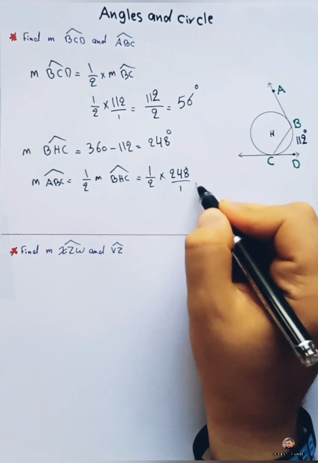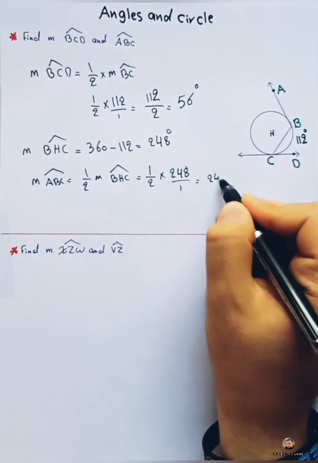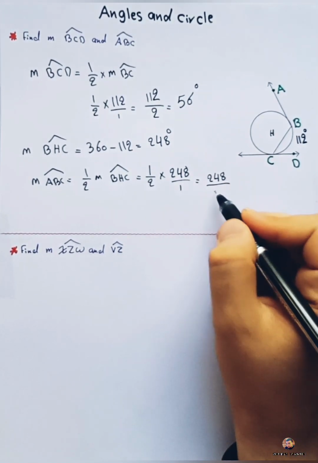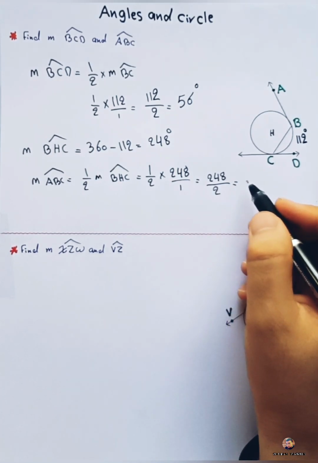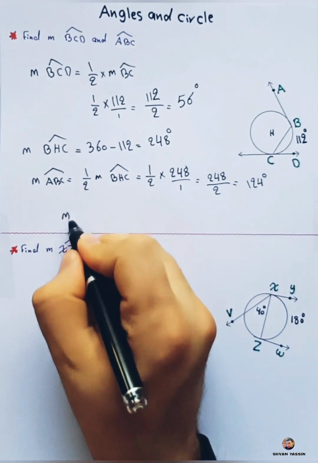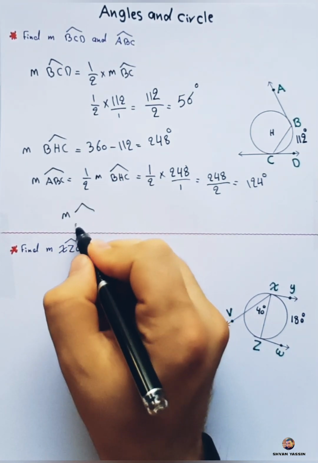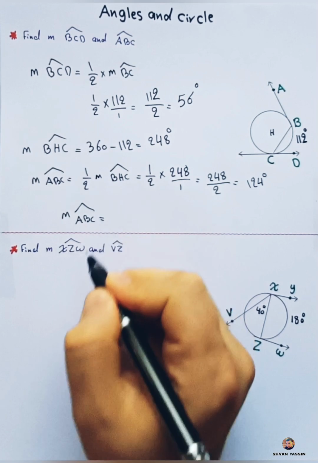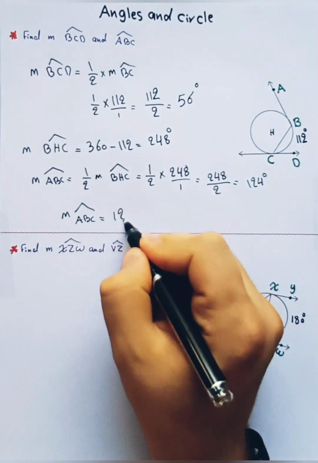You have to multiply 1 times 248 equals 248. 2 times 1 is 2, and then when we divide we will get 124. So the measure of angle ABC equals 124 degrees.